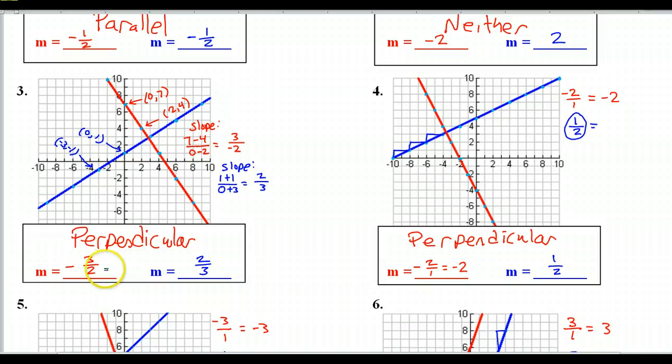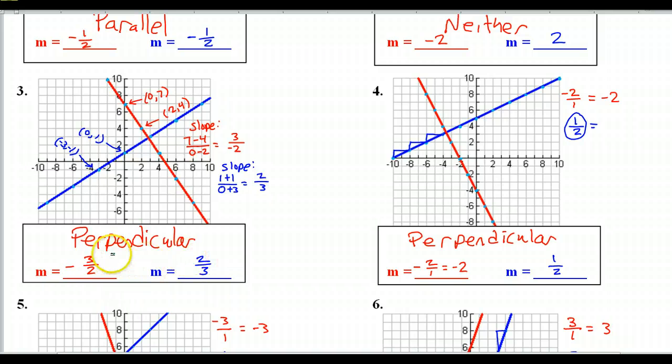Starts with an R. The word is reciprocal. So not only are they opposite in sign, but these two fractions are reciprocal. 3 over 2 and 2 over 3. Those two lines, when the fractions are upside down from each other, they're called reciprocal.